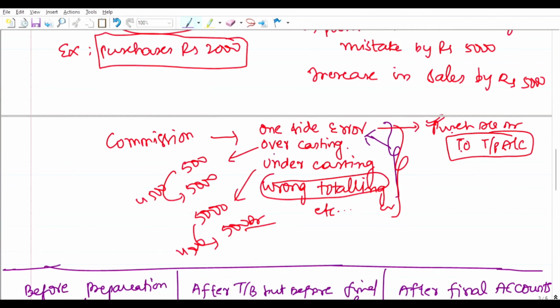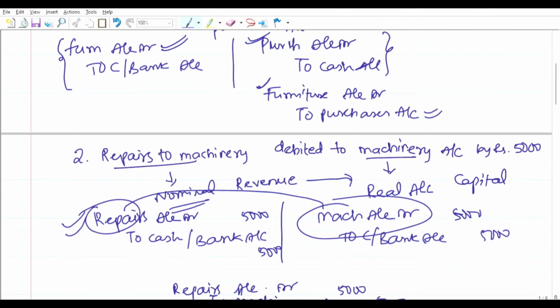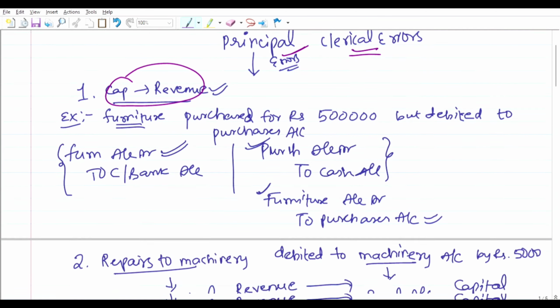In this class we shall talk briefly about the types of errors again. Rectification of errors. Errors are divided into two types: principal errors and clerical errors. Principal errors are capital treated as revenue and revenue treated as capital.